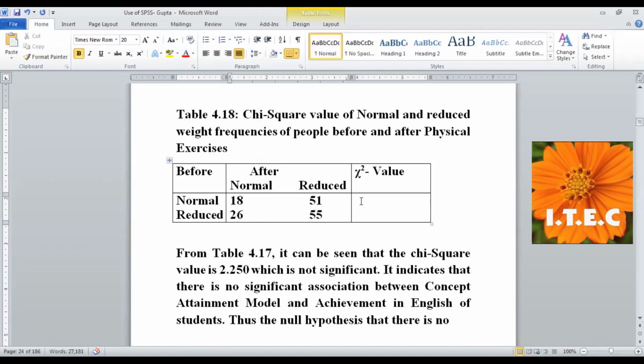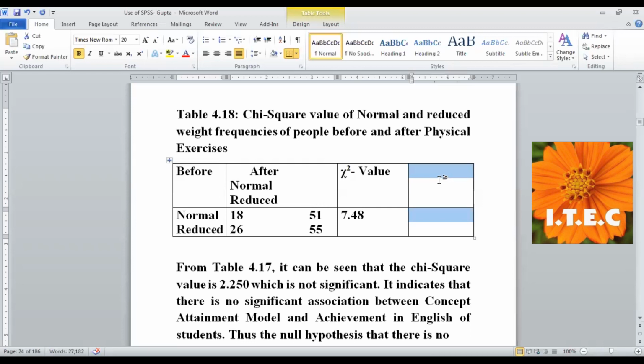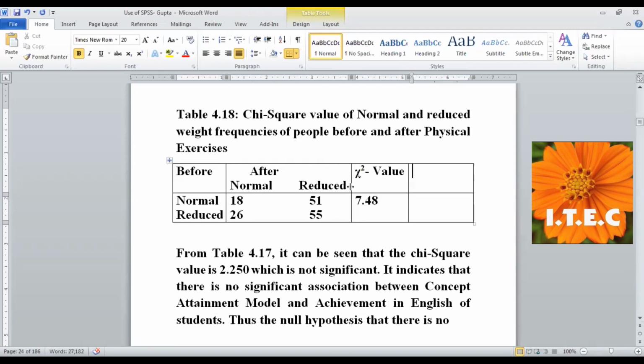The chi-square value is 7.48. If you want to add one more, you can say remark, and you can say P is less than 0.01.